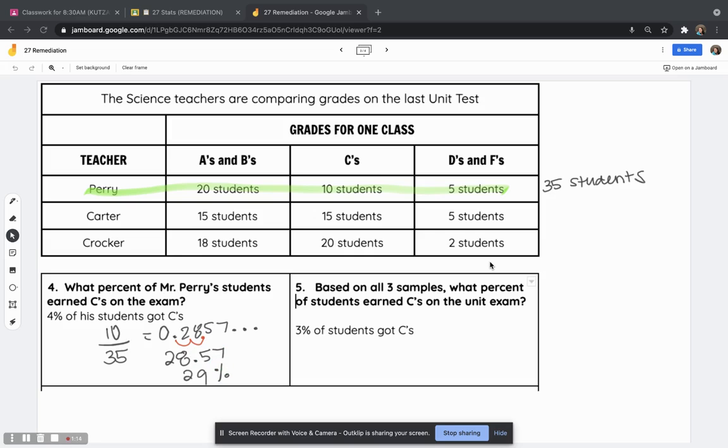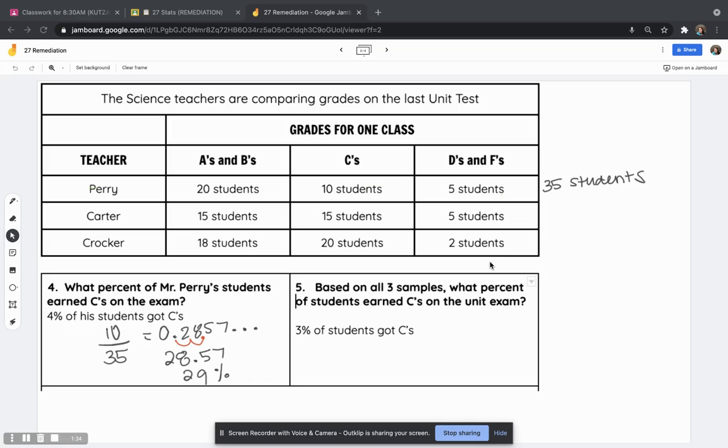Right, number 5 says based on all 3 samples, what percent of students earn C's on the exam? So I know that there's 35 students in Mr. Perry's class, and in Mr. Carter's class, 15 students got A's and B's, 15 got C's, and 5 got D's and F's.